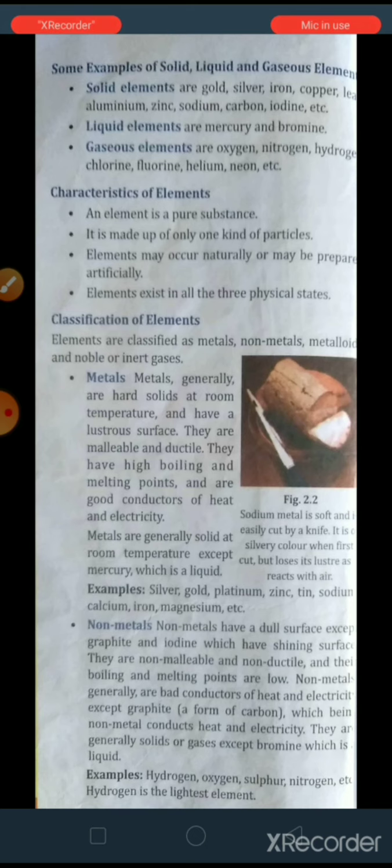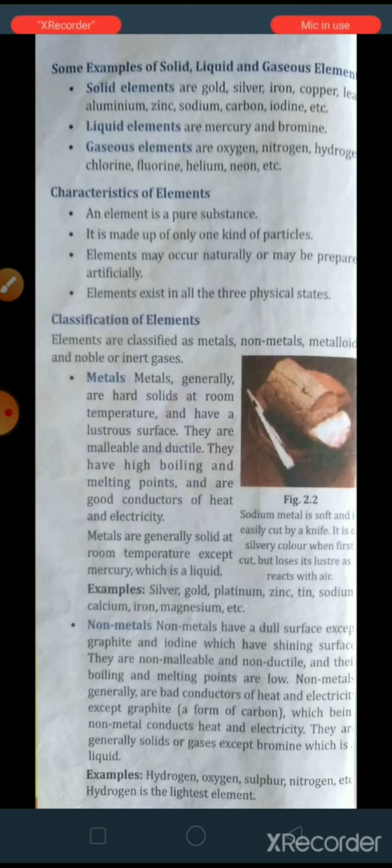Non-metals are non-malleable. That means by pressing the non-metals, we can't form thin sheets of non-metals. As well as, non-metals are non-ductile. That means when we draw out the non-metals, we can't form thin wires of the non-metal.